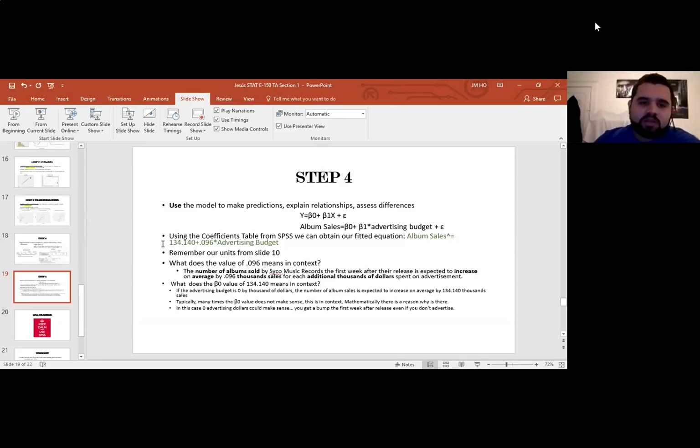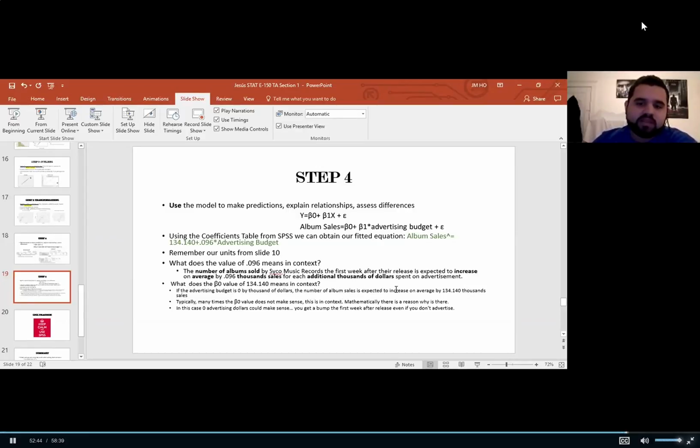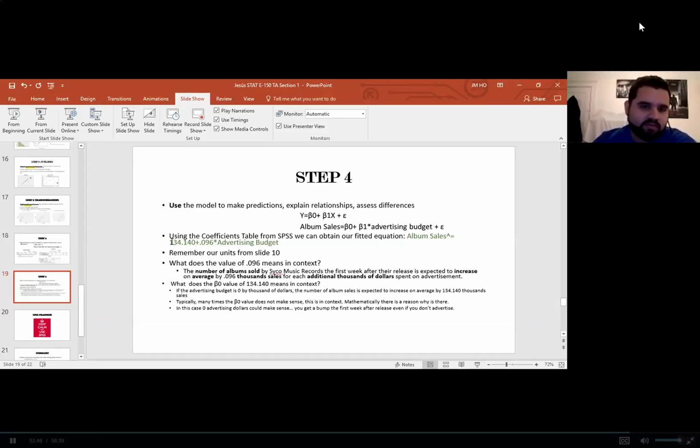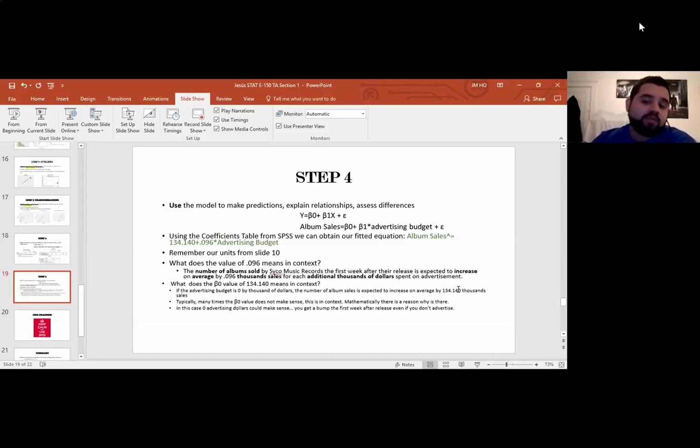So remember how this intercept beta 0 value is 134.140 that we didn't use in this explanation. So what does it mean? Essentially, conceptually, it's saying that if the advertising budget was 0, and you write the unit, the number of album sales, which is the dependent variable, is expected to increase, because it's a positive sign for the beta 0, on average by 134.140 thousand sales.